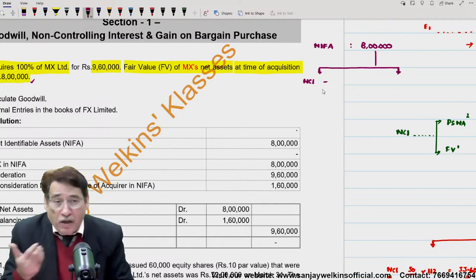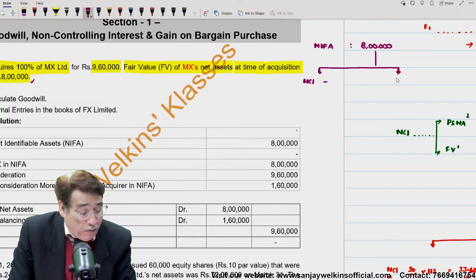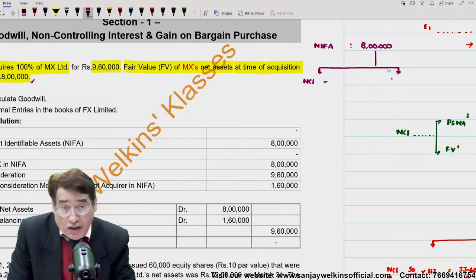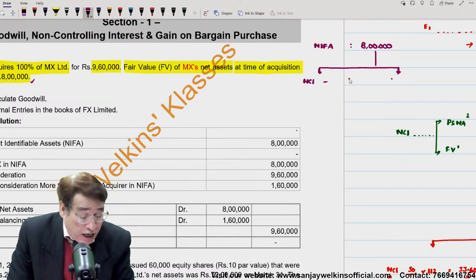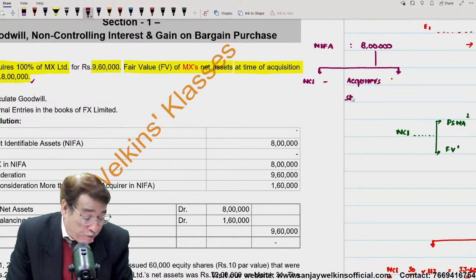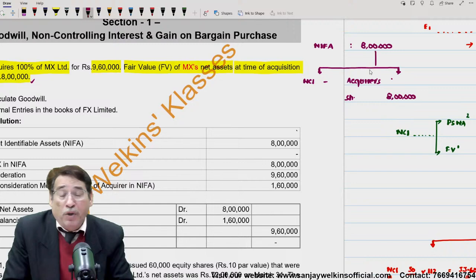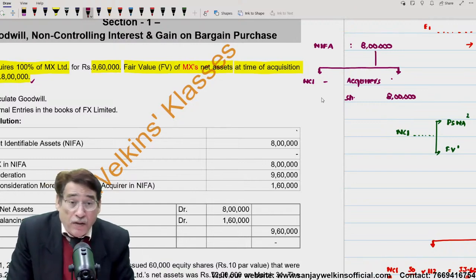The entire share capital is in our hand, so the acquirer share of NIFA will be equal to 8 lakhs. The entire amount of NIFA belongs to the acquirer.